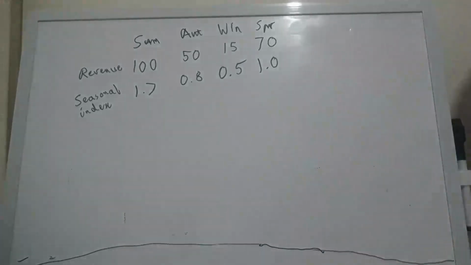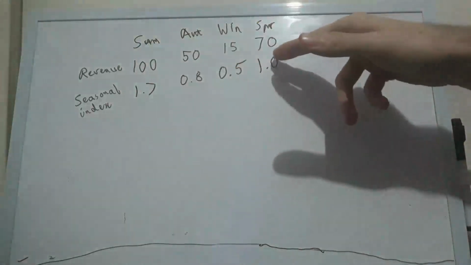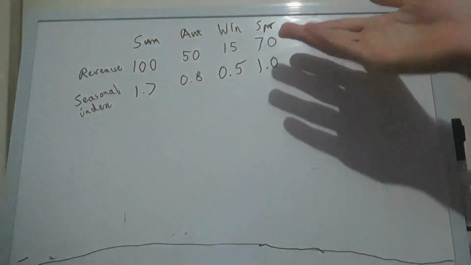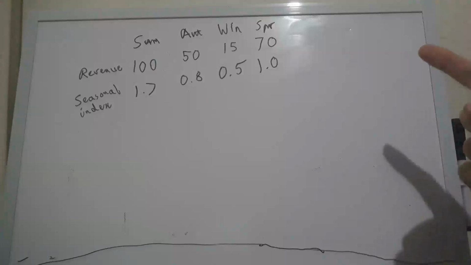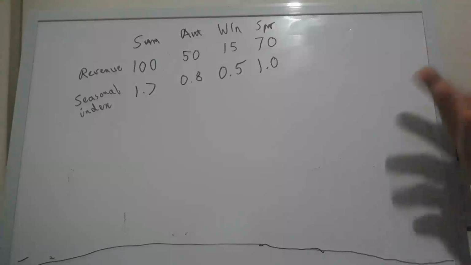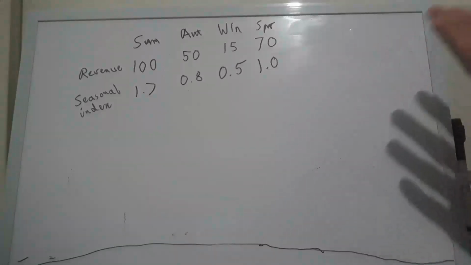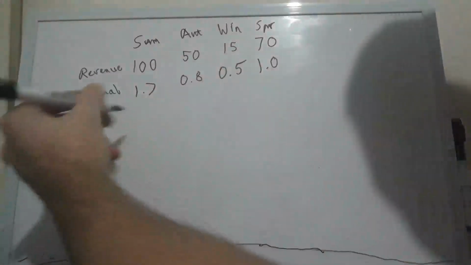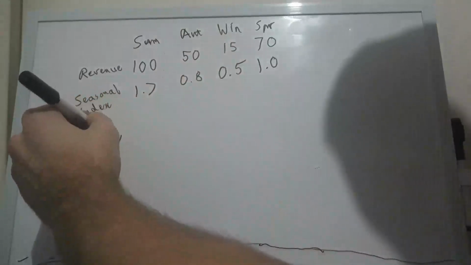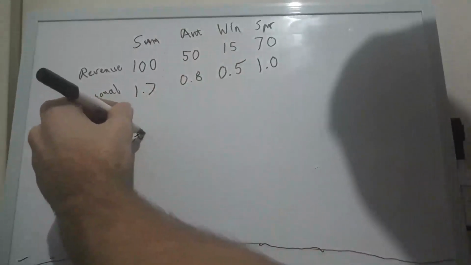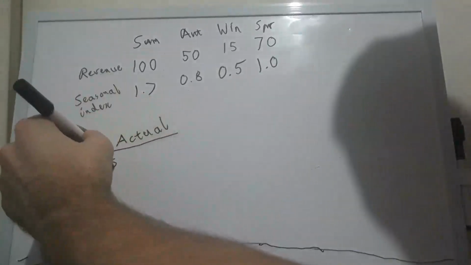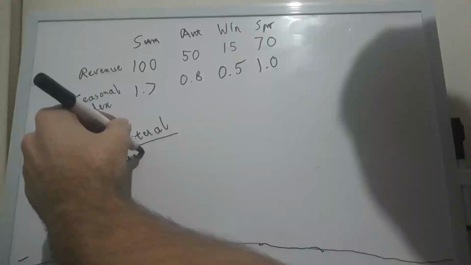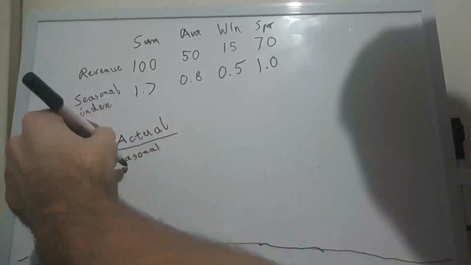Now, that is the actual amount of revenue you made. If you want to deseasonalize your revenue, what you do is take your actual value and divide it by your seasonal index.